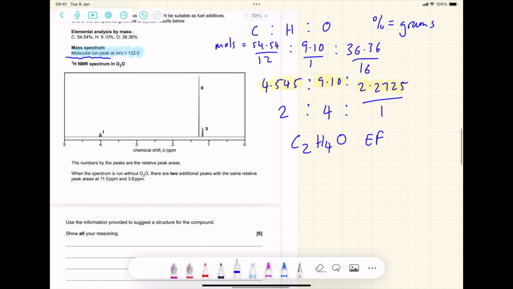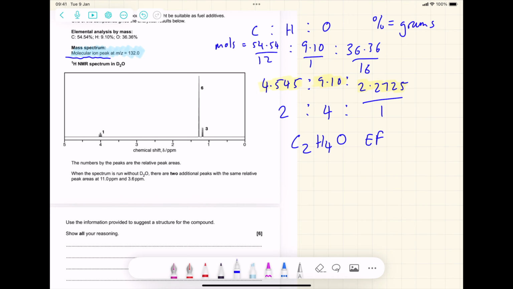So the relationship between the empirical formula and the molecular formula is this. The molecular formula is the actual number of atoms of each type in the molecule. The empirical formula is the simplest building block, if you like, that is used to assemble the molecular formula, so the simplest whole number ratio of atoms.